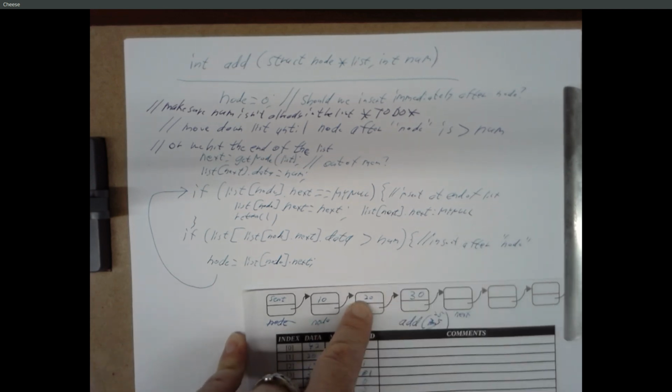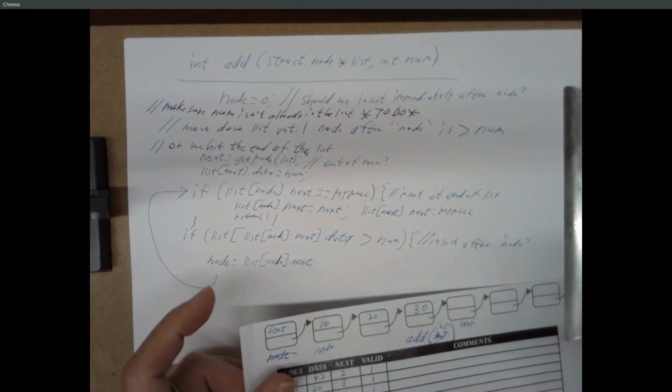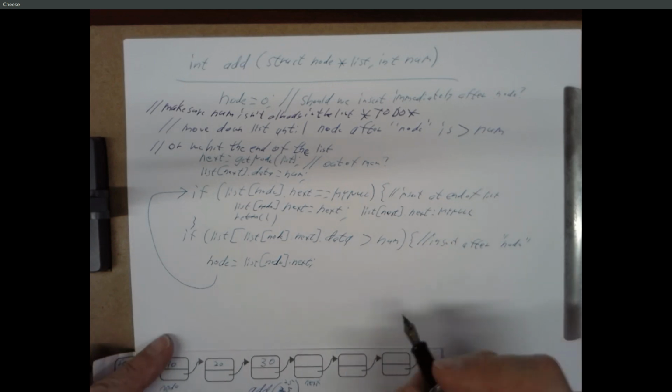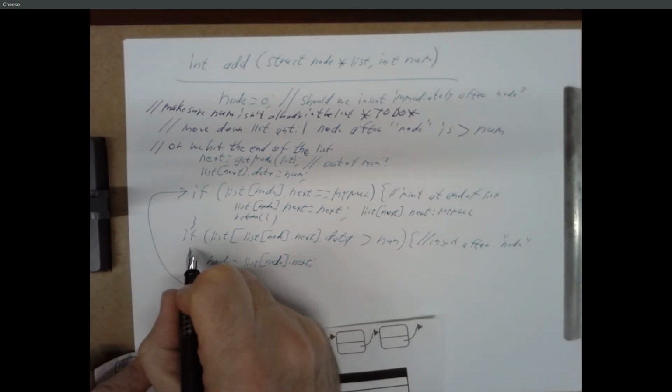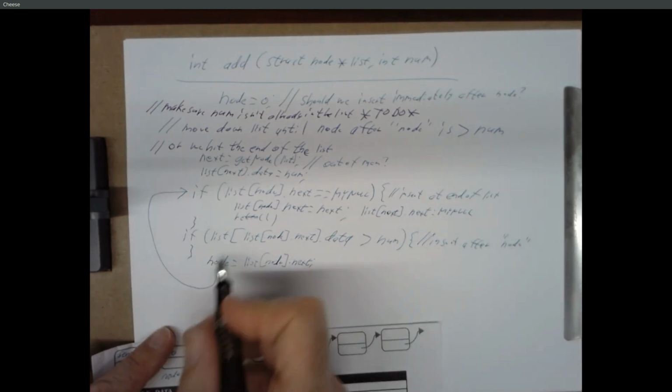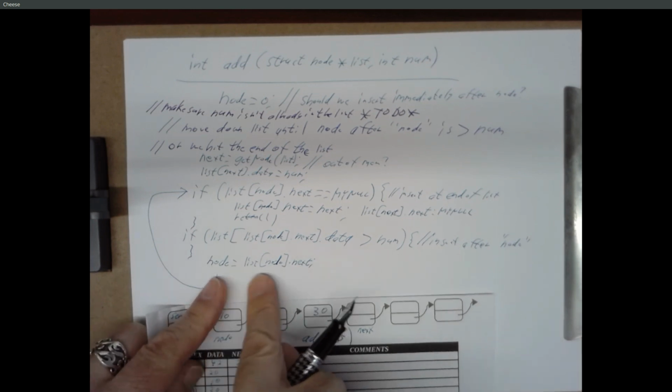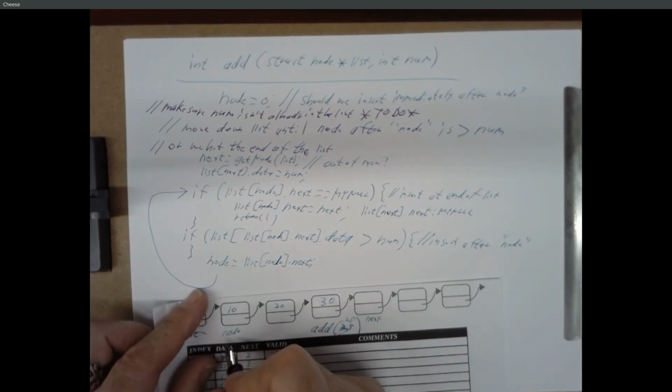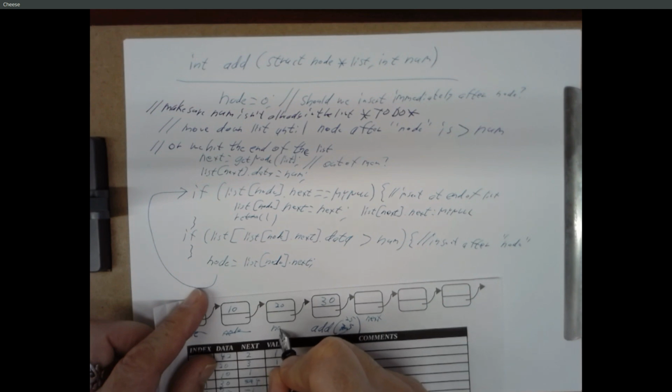If 20 is bigger than 25, well, it's not. Our insert goes in there. It's not, so we're going to say node equals list bracket node dot next. So node will change to this node.